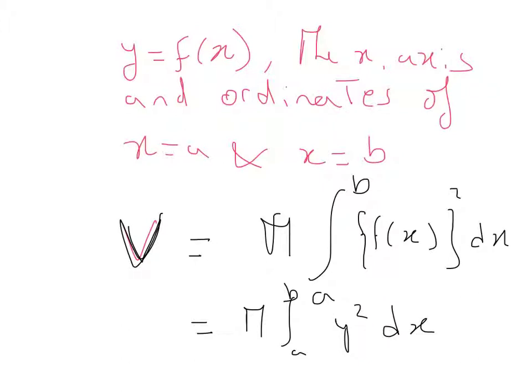So this is how we find the volume of any plane shape that's rotating about the x-axis to form the solid. Y squared dx. The dx gives you the clue when it's rotating about the x-axis. Now we'll demonstrate an example on that in the next slide.